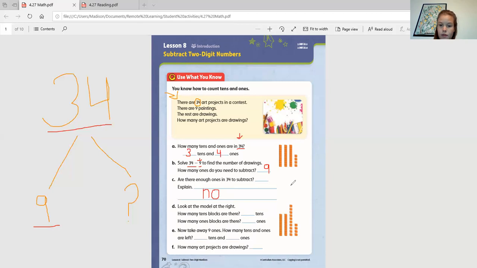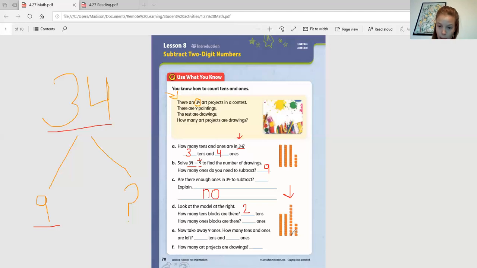And then if you look down here to this drawing, they broke apart one of the tens and made 10 ones with it. So the question right here now says, how many tens blocks are there? And it left us with 2 tens blocks. And then how many ones blocks are there? Let's count all of these ones.